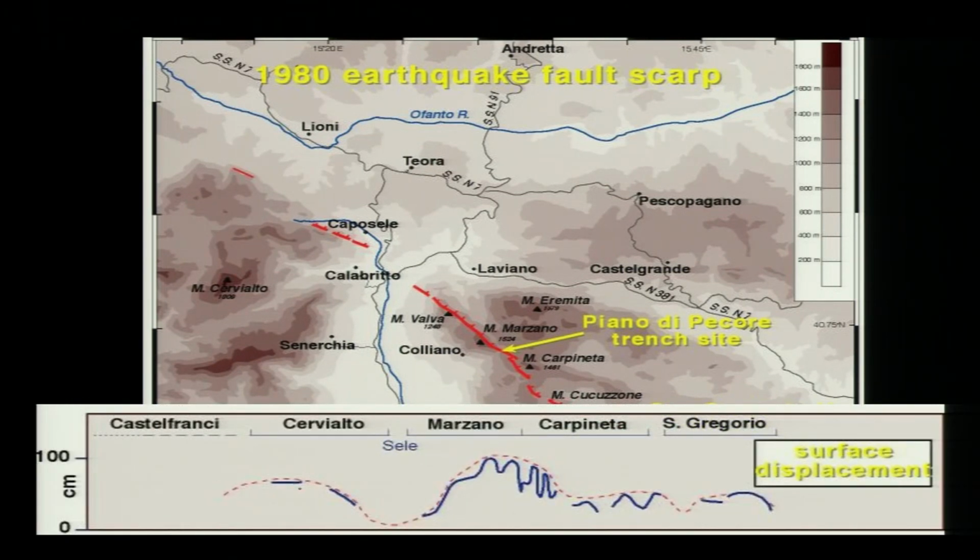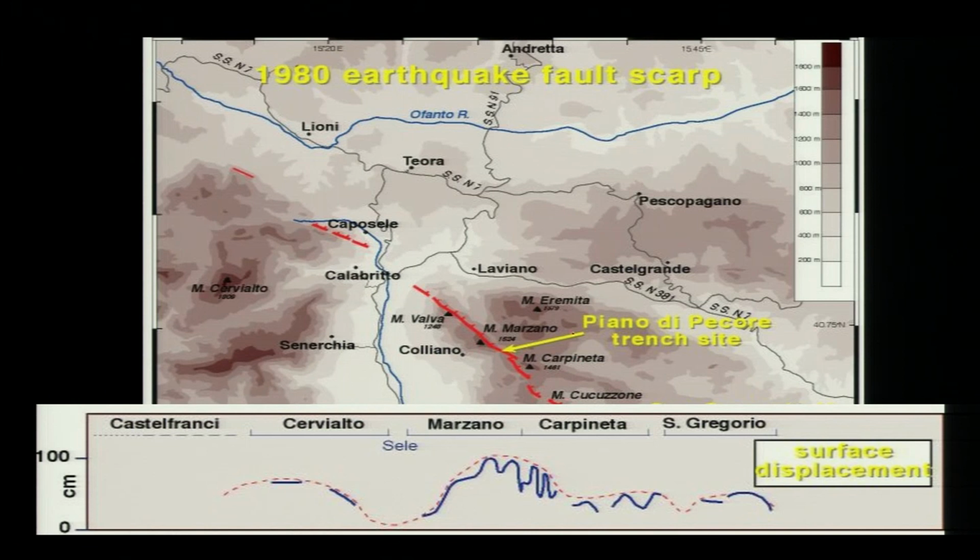So, this was again the amount of displacement which was observed after the earthquake, which was measured, and as I was saying in one of the lectures, the maximum displacement was in the epicentral area, and it dies out on either end.